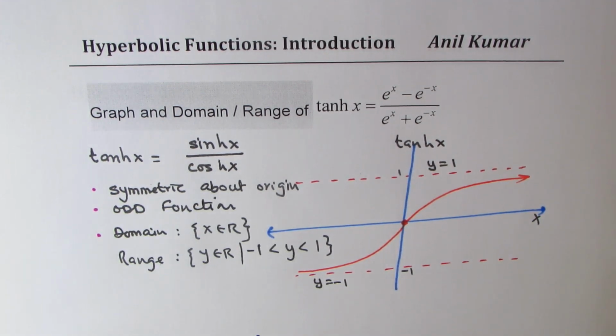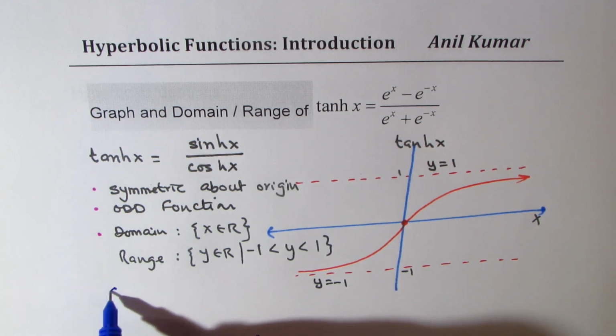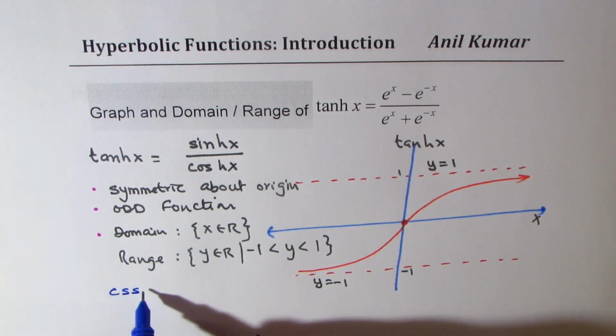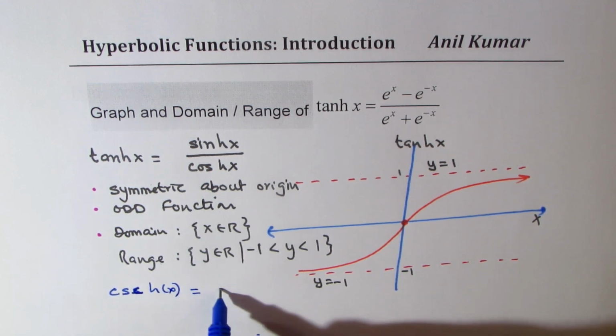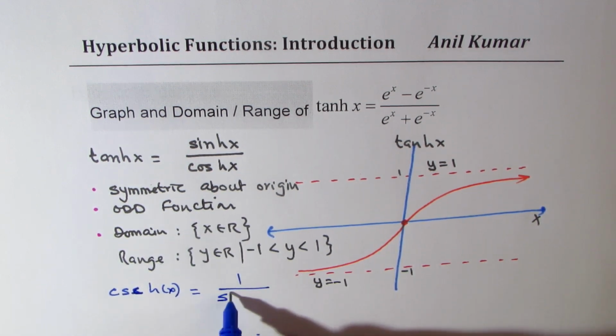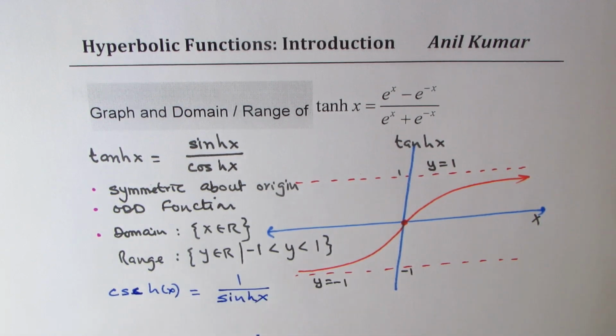So we have seen all the three functions, sine, cosine, and tan hyperbolic x. Now as an exercise, what you can always do is make graphs for cosecant hyperbolic x, which is same as 1 over sine hyperbolic x.